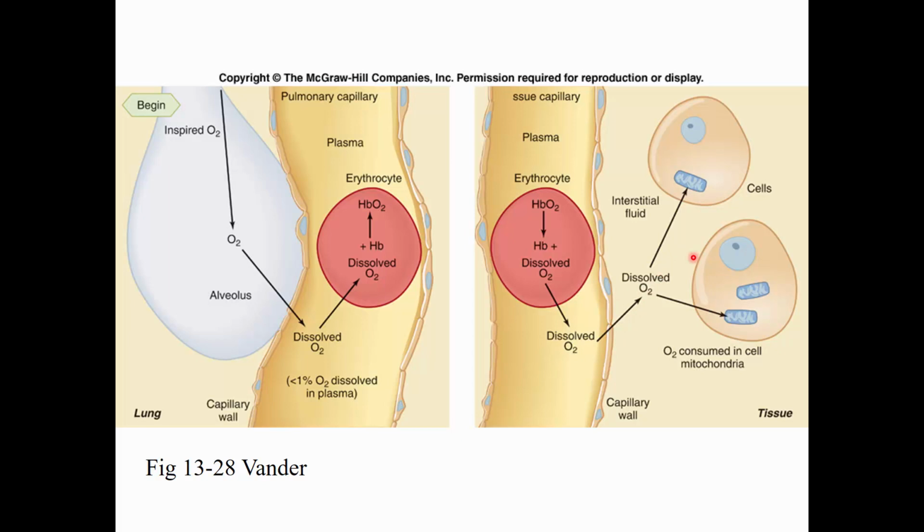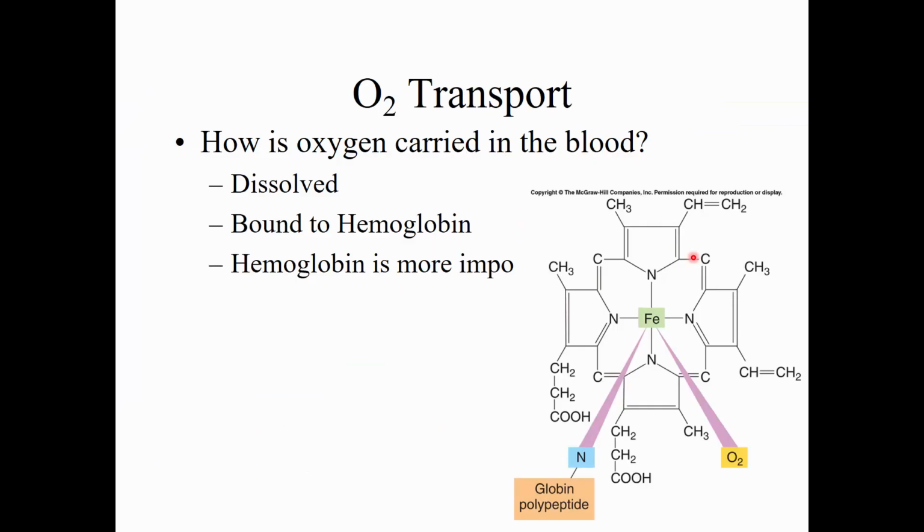So this implies that there are two types of way that oxygen is carried in the blood. It's carried in the dissolved form, and it's the dissolved form that exerts PO2. But the bulk of oxygen is carried bound to hemoglobin in the bound form. So we have dissolved and bound, and the bound hemoglobin is more important.